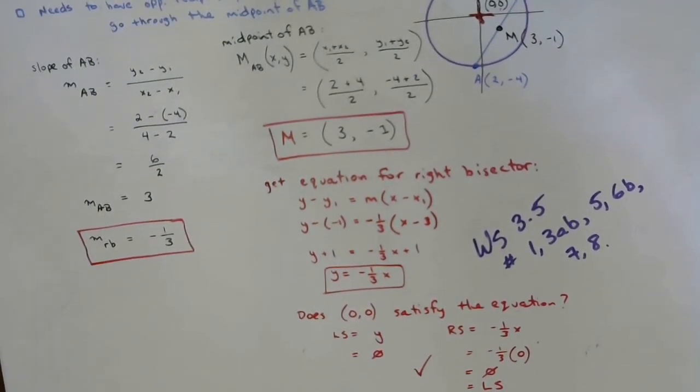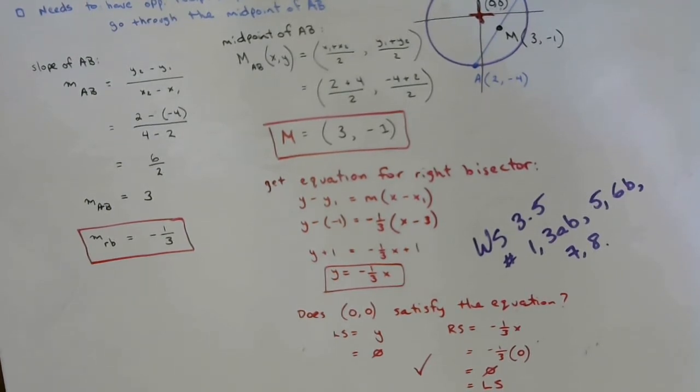It says verify the center of the circle lies on the right bisector of the chord AB. The center, the point 0, 0 lies on the right bisector only if the coordinates 0, 0 satisfy the equation of the right bisector.